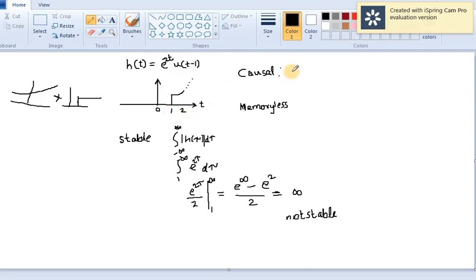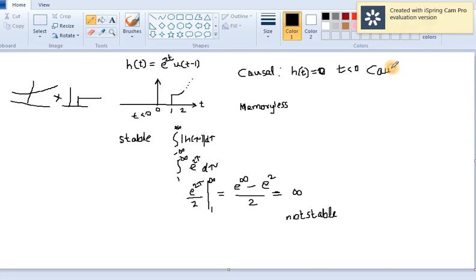So it is causal, as it satisfies the condition that h of t is equal to 0 for t less than 0. For t less than 0, the signal is 0. So the conclusion is h of t is 0 for t less than 0, and the system is said to be causal in nature.